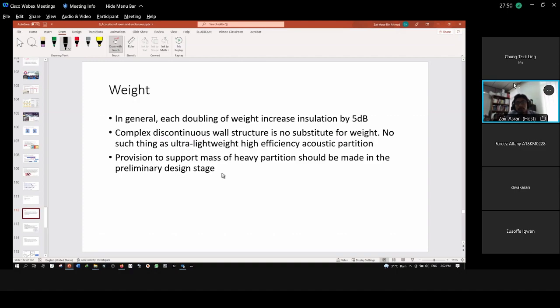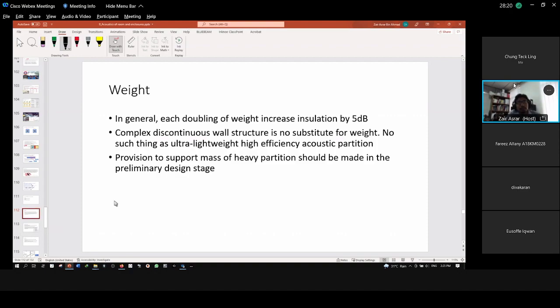We can make provision for heavy materials for the partition most of the time only within the design stage. If we pass this design stage and everything has been constructed, suggesting to put heavy material to reduce vibration or reduce noise at the partition might not be acceptable, or even practical to begin with.